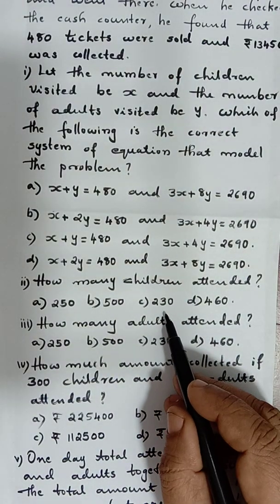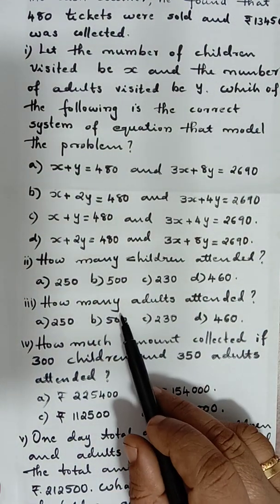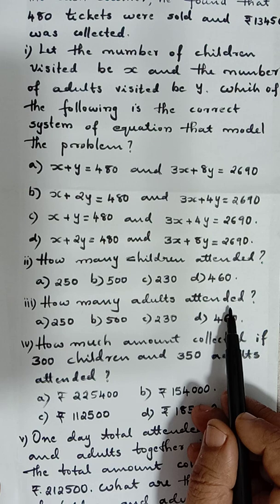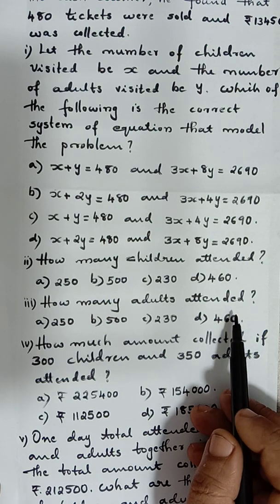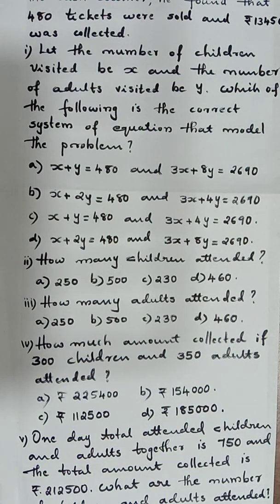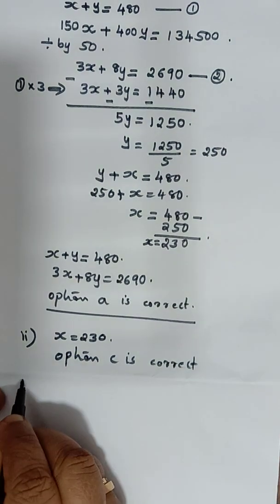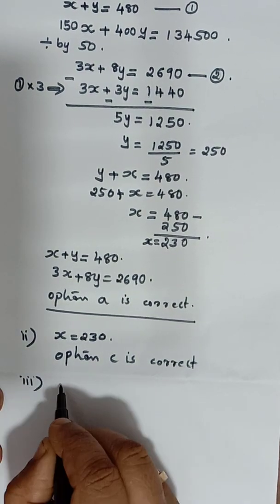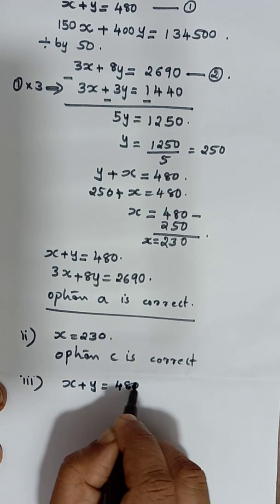Option C we can see it is 230. That is correct. Move to the third question. How many adults attended? The number of adults is considered as y. So we have to find the number of adults. We will substitute in the equation itself. We know that x plus y is equal to 480.